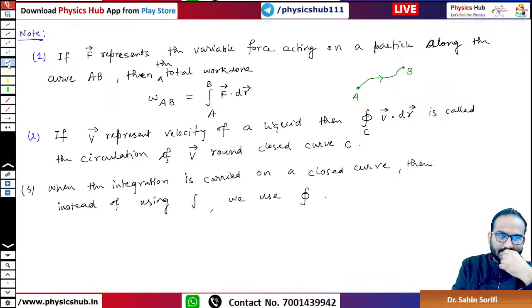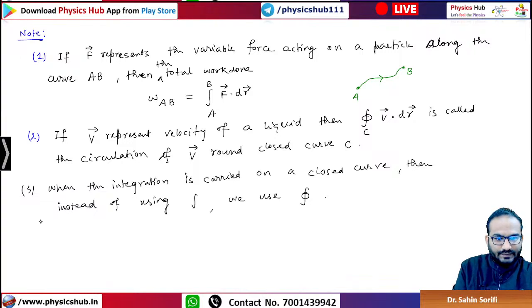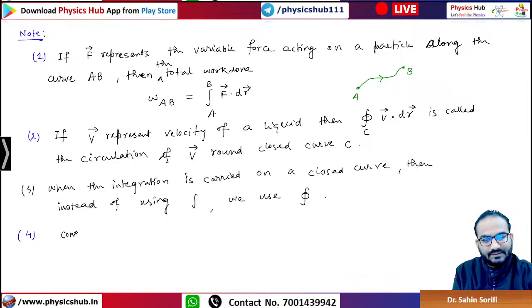Now let's specifically talk about the work done. Let me give you the concept of conservative force field. This is very important, a question may come from this. Conservative field.